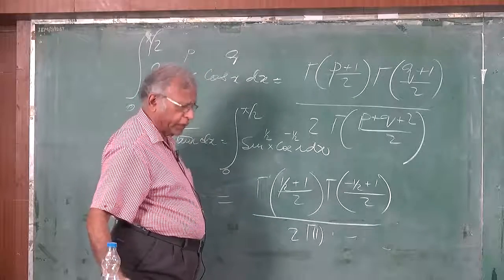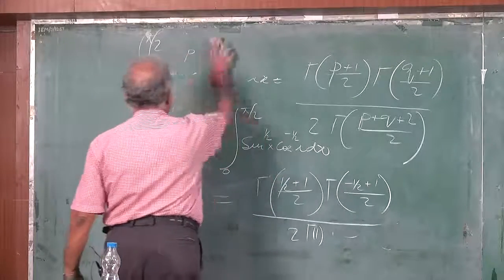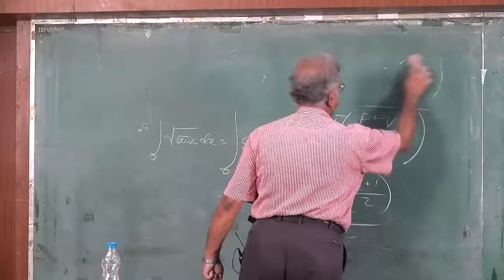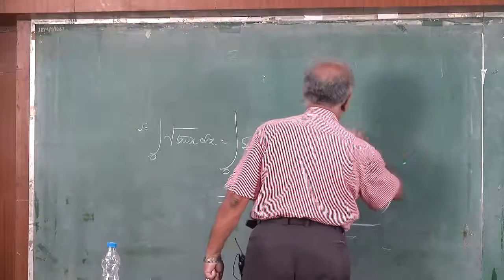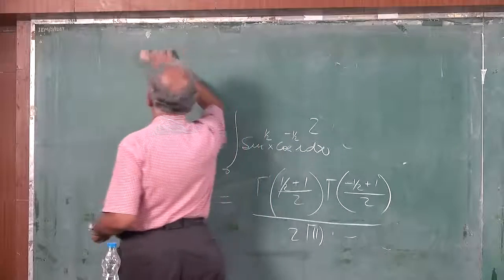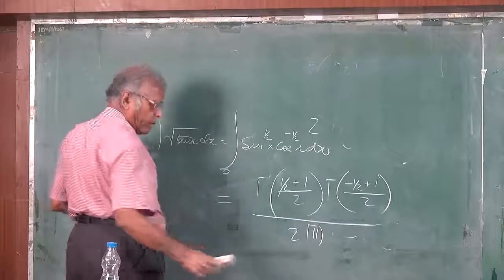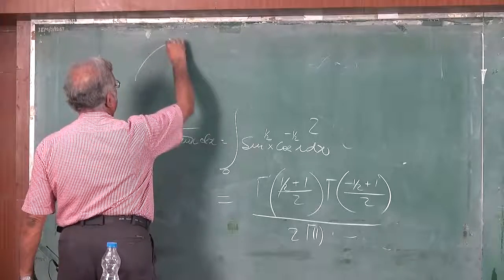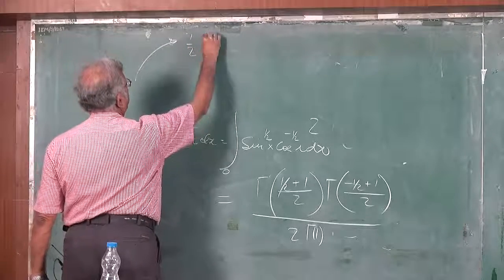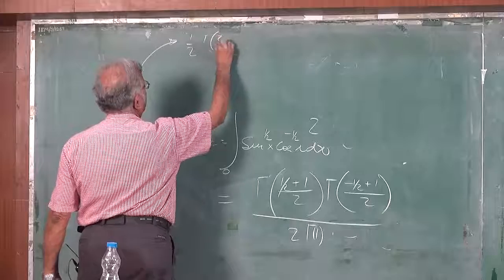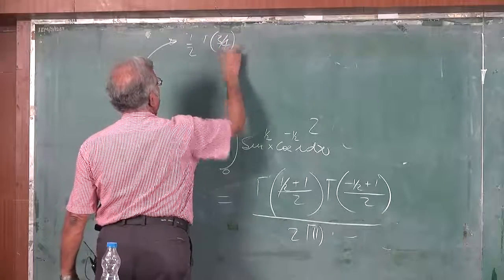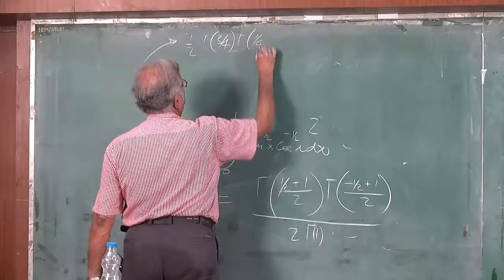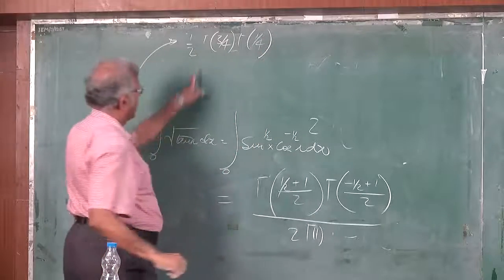So the net result is we just have to simplify half of gamma 3 by 4, gamma 1 by 4. That is the answer.